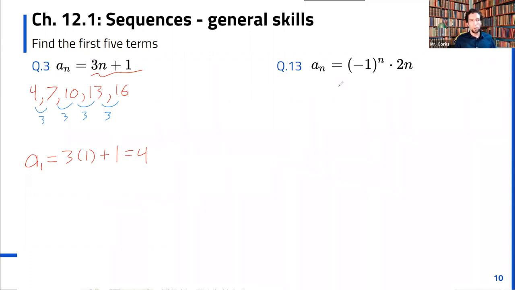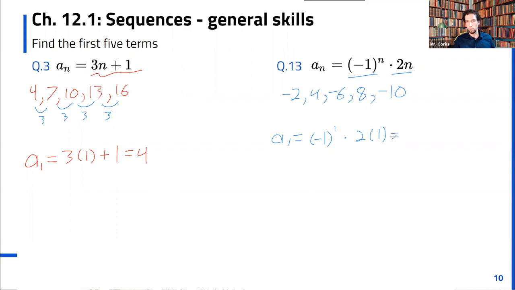The one on the right here, tell me what the first 5 terms are. -2, 4, -6, 8, -10. Okay, I'll talk just a tiny bit more about this one. So A1, we just have these 2 parts we would calculate: -1 to the exponent 1 times 2 times 1.